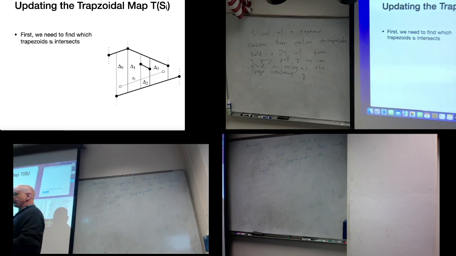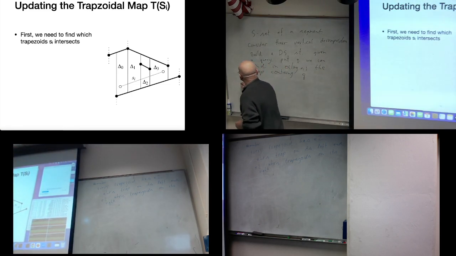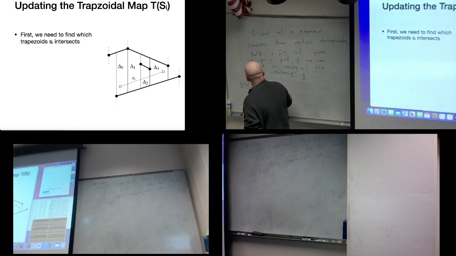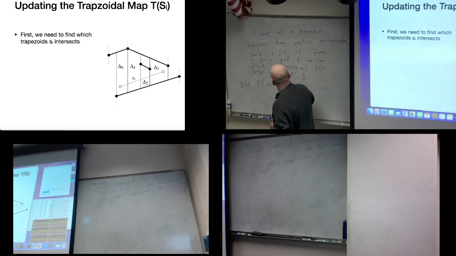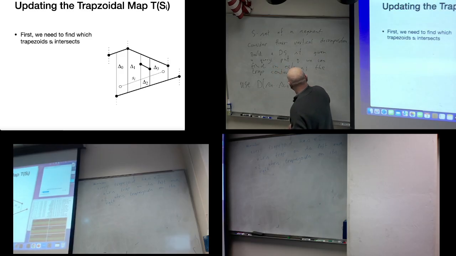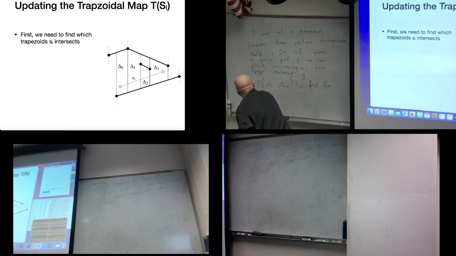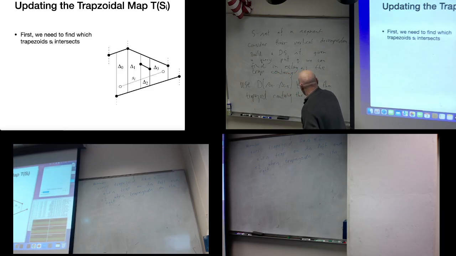Use the data structure created so far, the data structure that was created for S1 dot dot dot Si minus 1, to find the trapezoid containing the left endpoint of Si.